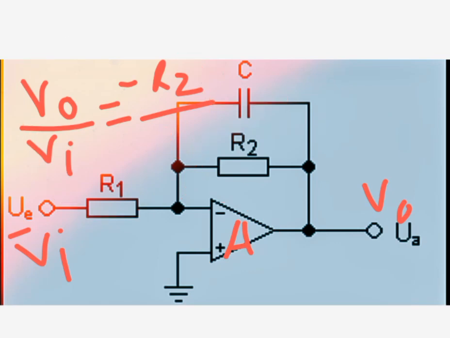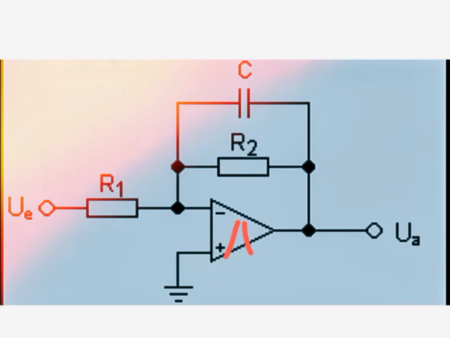So you understood what happens at DC, when the frequency is very low compared to the pole frequency of this circuit offered by R2 and C. What if the frequency of the applied signal is much greater than the pole frequency FC offered by the R2 and C combination? In that case, the capacitor reactance is very low, making it practically a short.